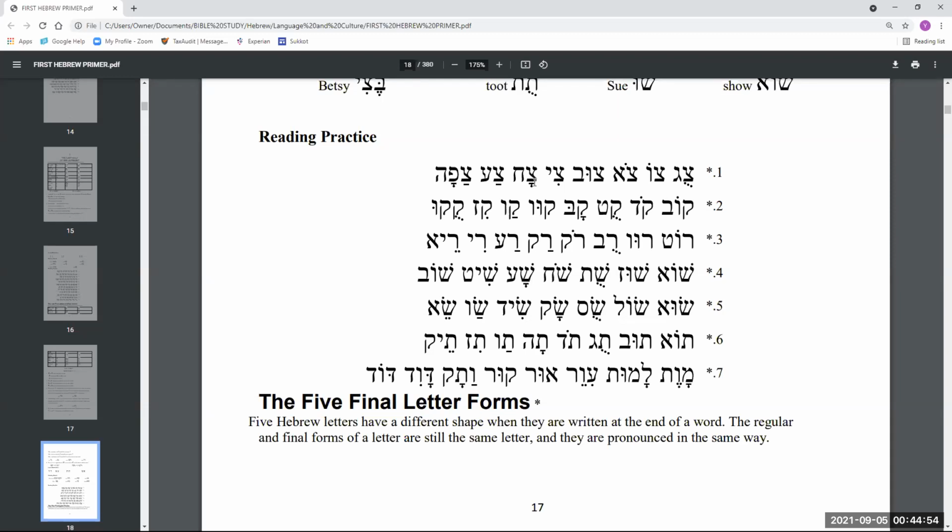So tsadi and a kamatz and a het. So that's tsach. And then that's a tsadi with a patach. And then that's an ayin.